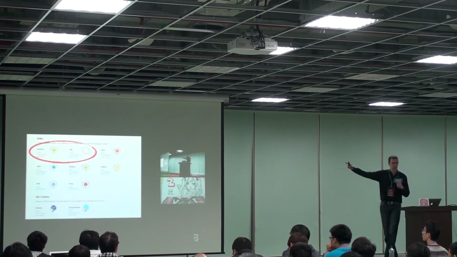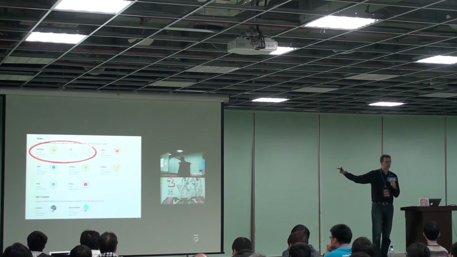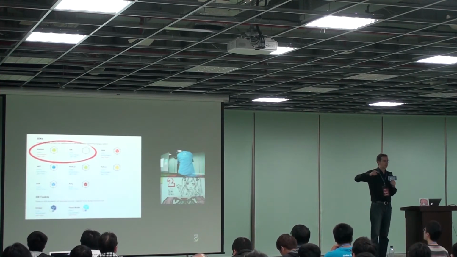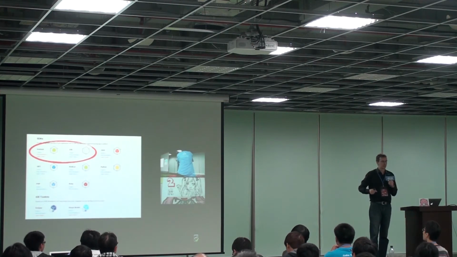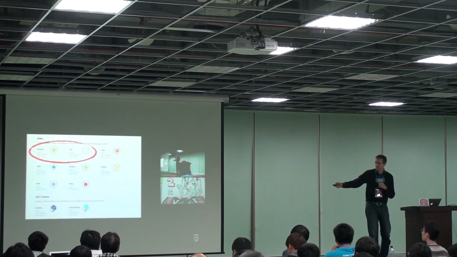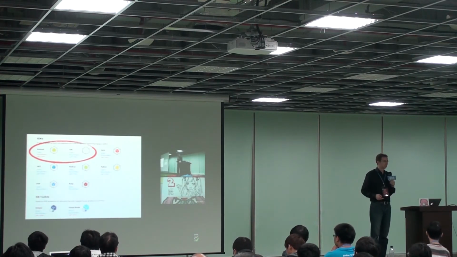Why did I circle iOS and Android? You are mobile developers. Any idea? I just checked yesterday, the latest IDC analyst report. Can you guess what is the combined market share of Android and iOS for smartphones? Who can guess?